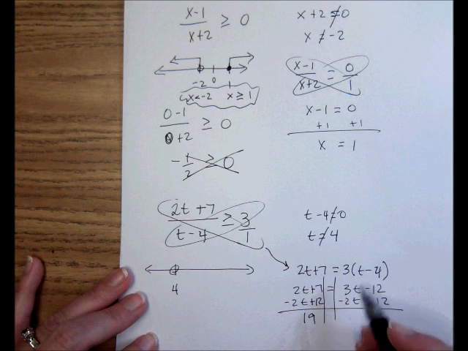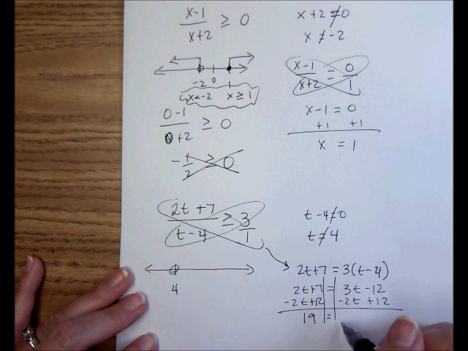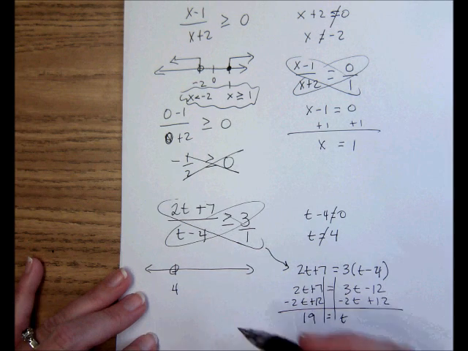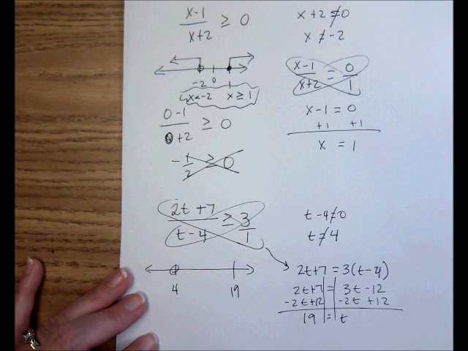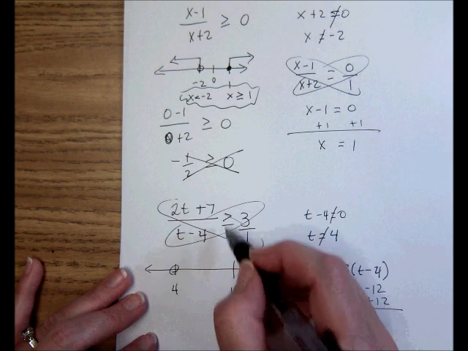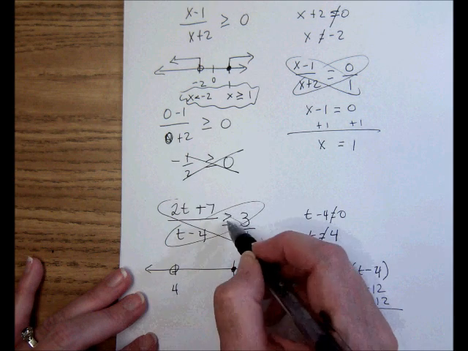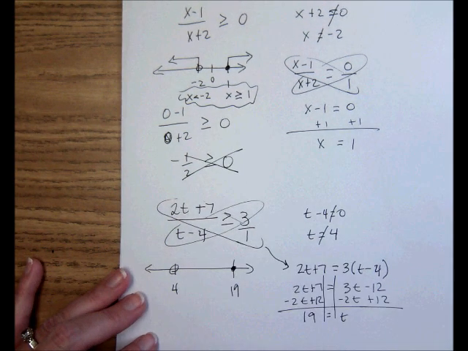So I'm going to end up with 19 is equal to t. So I'm going to have 19 right there. Now I'm going to have a closed dot because it's going to include 19 in my answer.